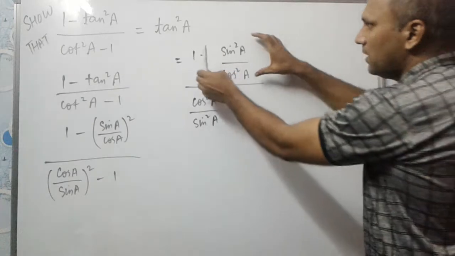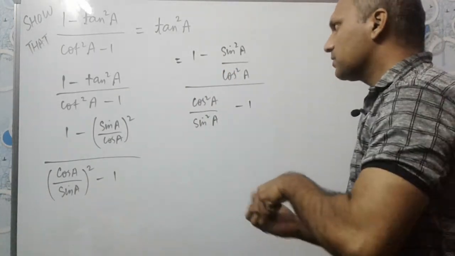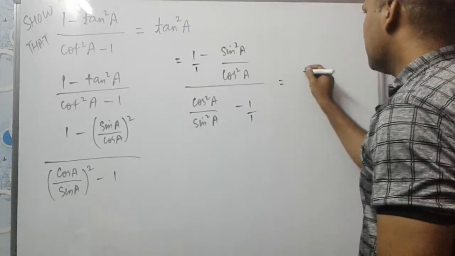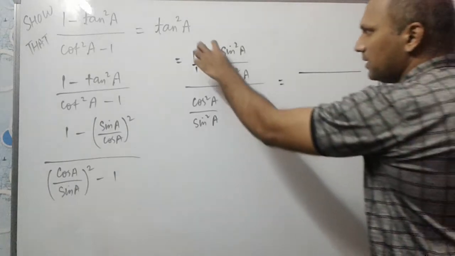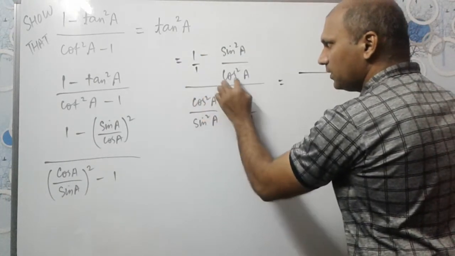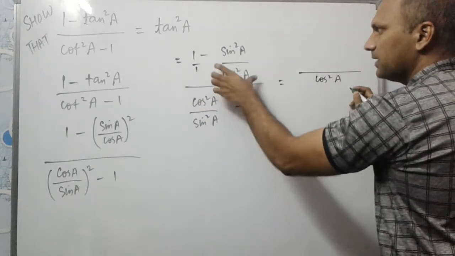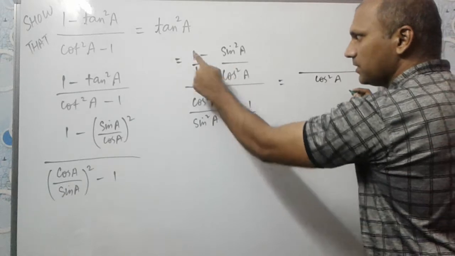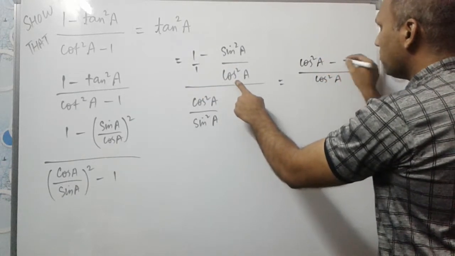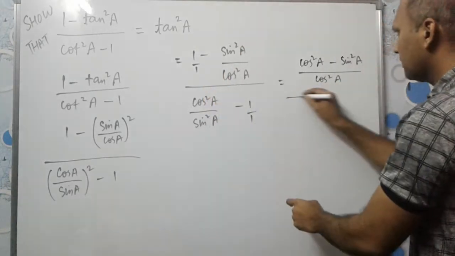Now let us simplify the numerator and denominator. Here we have 1, so can we write it as 1 by 1 and 1 by 1 here? Yes. Now this part: denominators are different. If denominators are different, we multiply the denominators and cross multiply the numbers. 1 into cos square A is cos square A, minus sine square A into 1 is sine square A.